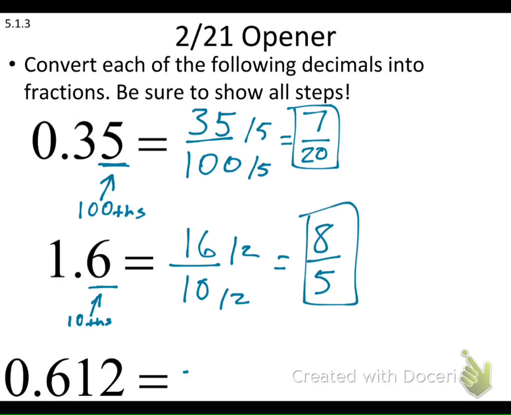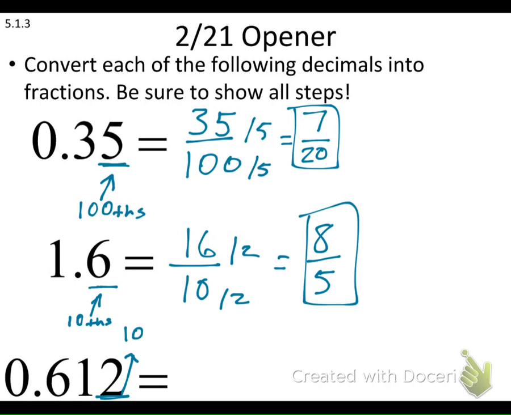And the last one. Jaden, what do I put on top? Actually, I'm sorry. Hold on. I'm going to underline the 2. That is in the what? You're close. Thousandths. Yep. So we go tenths, hundredths, thousandths.